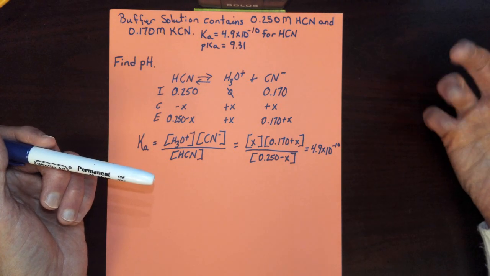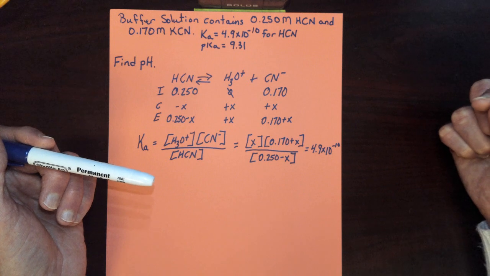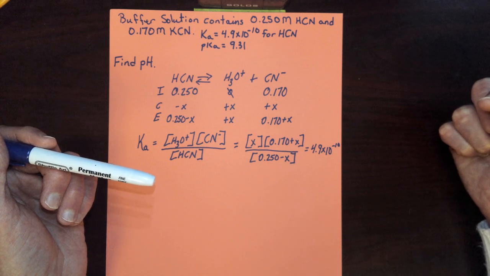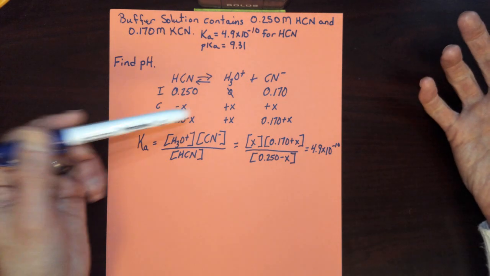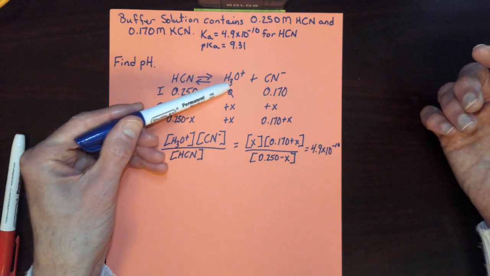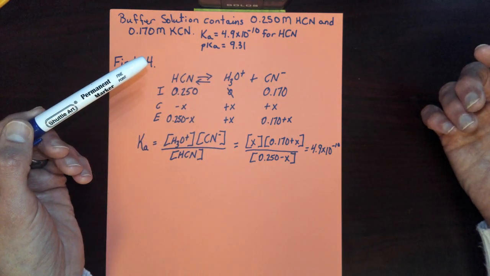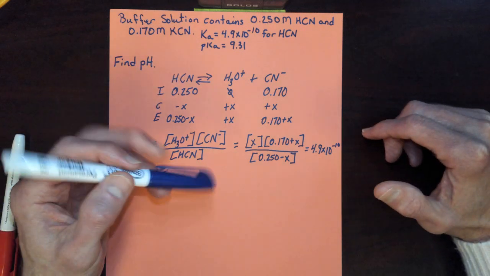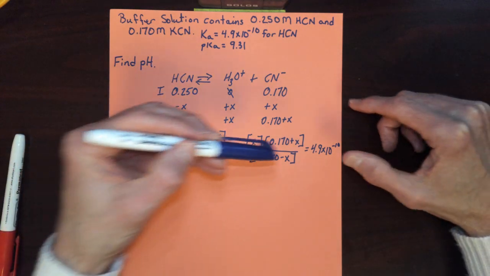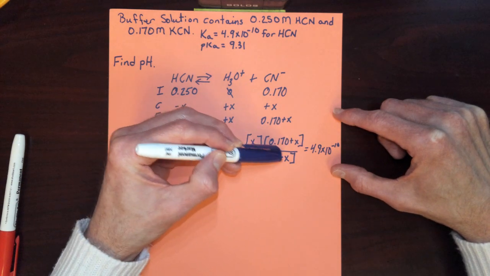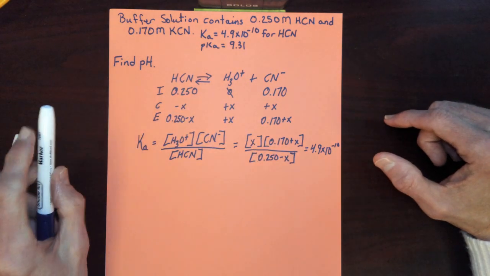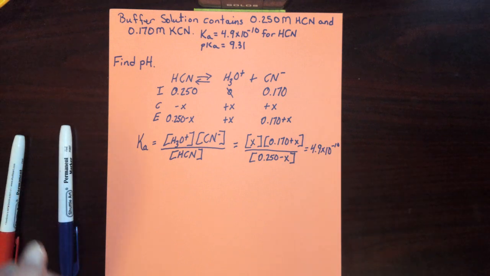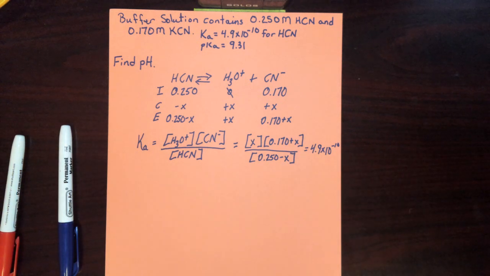That tells me there's going to be very, very little dissociation, very few of these H3O+. So I'm going to say that this change, plus x, minus x, is negligible, or so small that I can approximate it as close to 0.